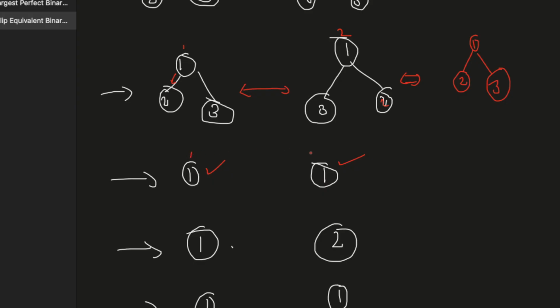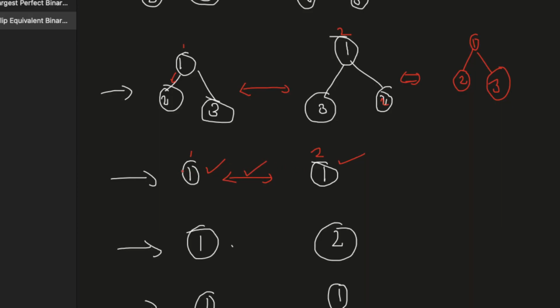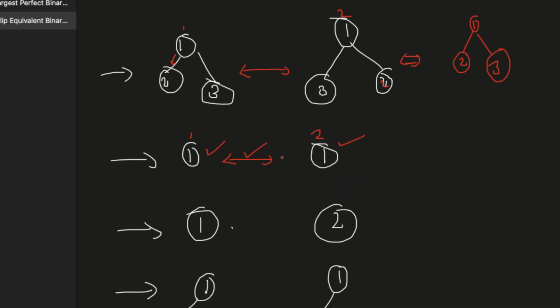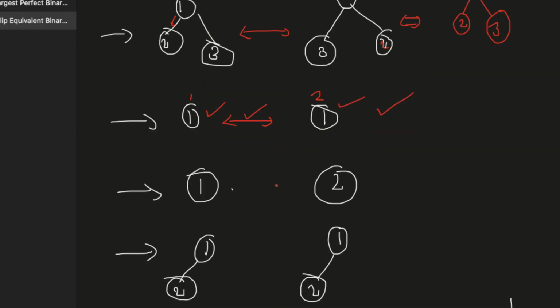This is tree 1 and this is tree 2. Let's say we have these nodes. This is 1 and this is also 1. So are these trees flip equivalent or not? They are equivalent, right? Because 1 is equal to 1 and there are no other nodes which are not equal in both the trees, right? So it is flip equivalent. Let's go here.